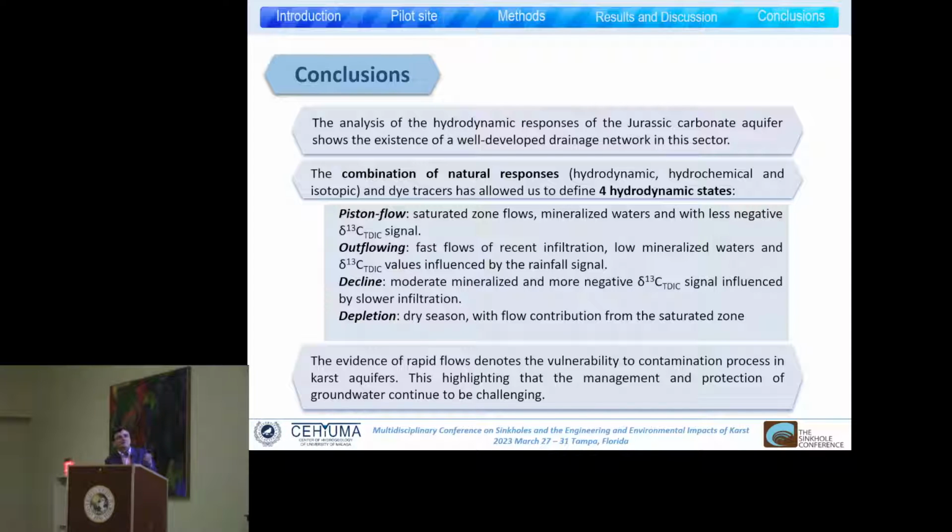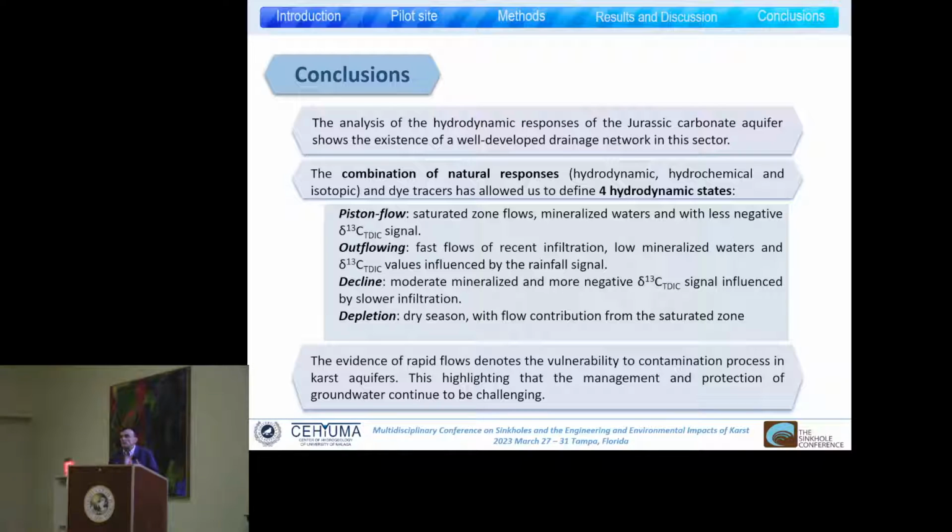And this is coherent with information coming from the dye tracers, which means that if we combine the different responses, both natural and tracer, the interpretation becomes much more robust. Normally, if we use just one, then we will have more uncertainty.